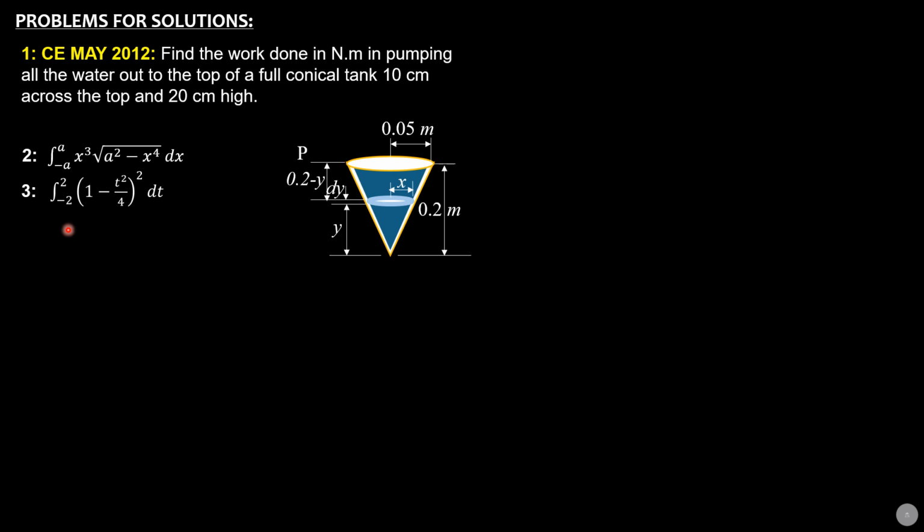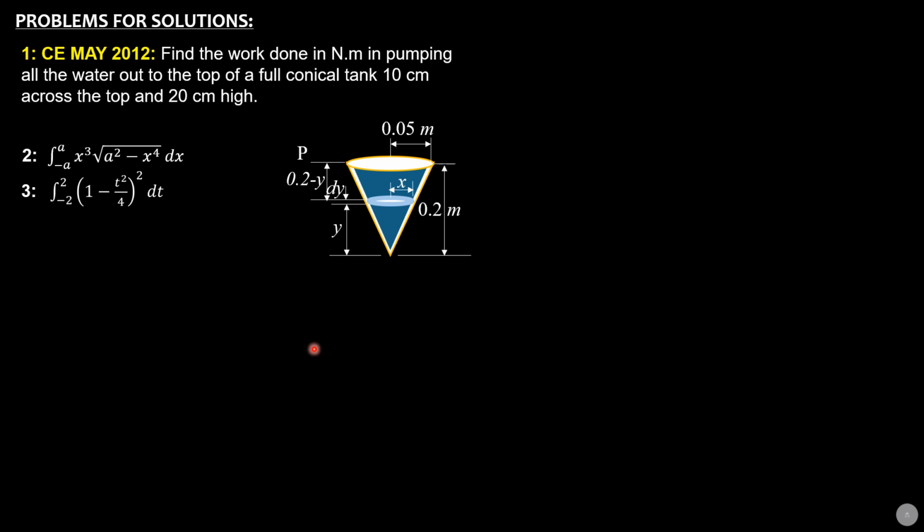So work therefore is the integral from 0 to 0.2. Then we have the specific weight of water, because the unit should be in newton meter, so 9,810 newtons per cubic meter. The differential volume is pi x squared times dy, and the distance of that differential element's center of gravity to the point of disposal is 0.2 minus y.